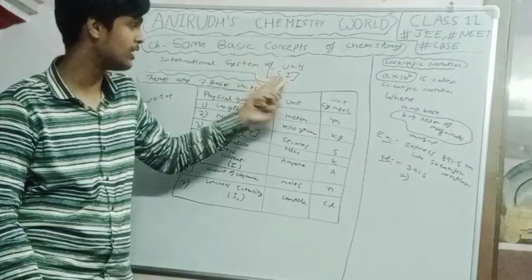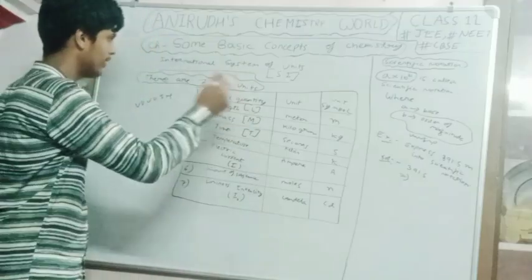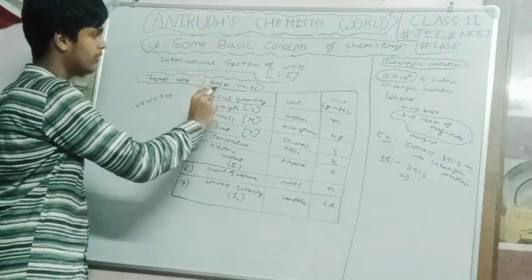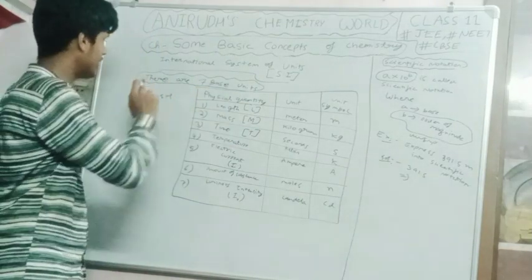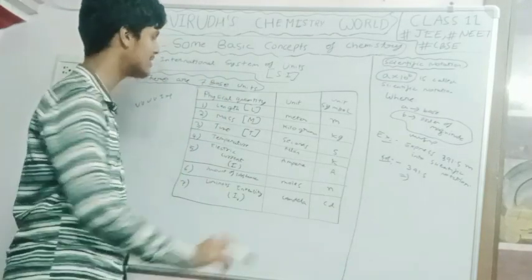Similarly, for SI units, you will have some physical quantities. There are 7 base units, so there are 7 fundamental physical quantities.